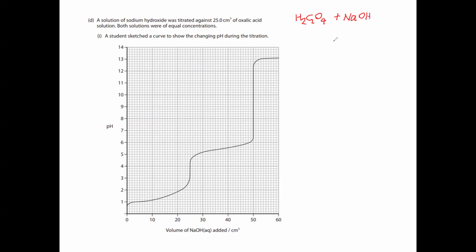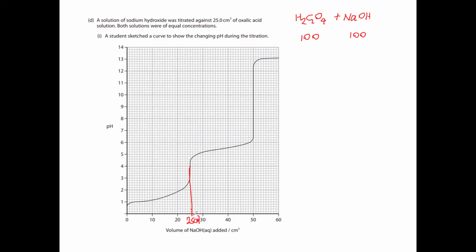Let's assume I have 100 H2C2O4 molecules. It's an assumption. To neutralize these 100 H2C2O4 molecules, you need 100 sodium hydroxide molecules. Where does this complete reaction happen? At this point. That's why we have the end point here. So it is 25 cubic centimeters. That's where the neutralization takes place.